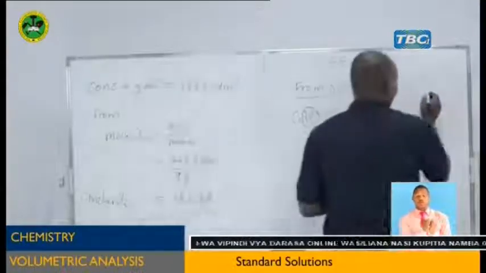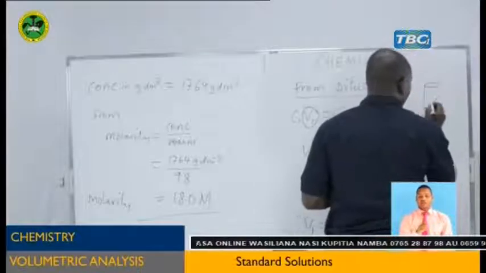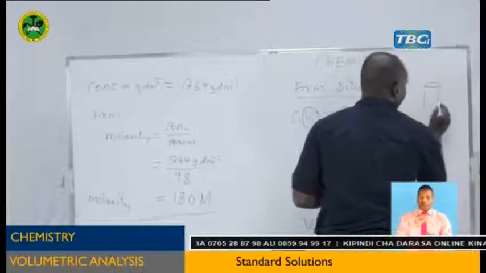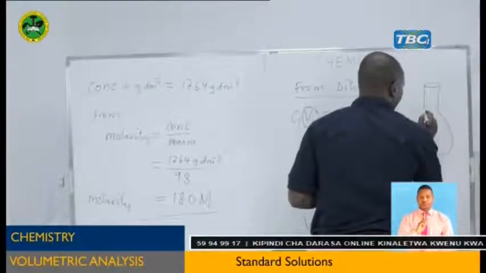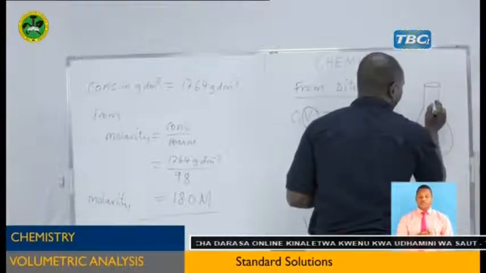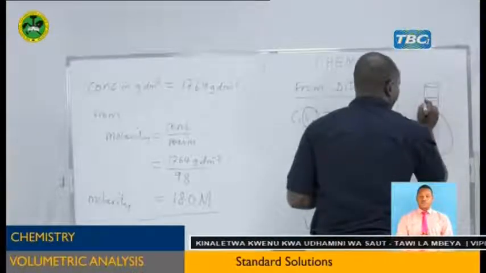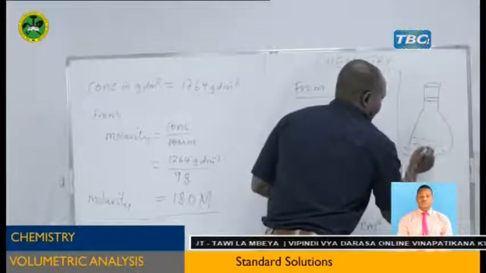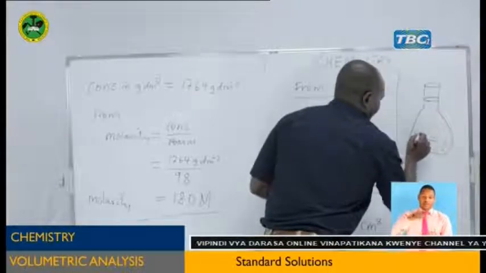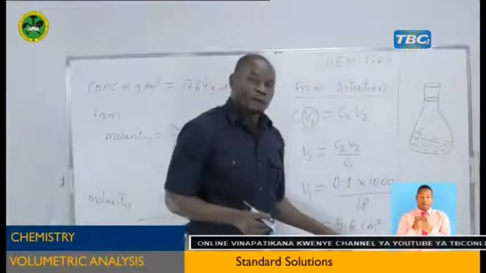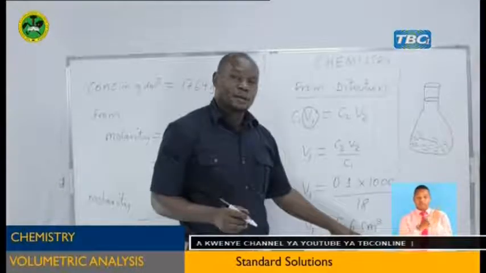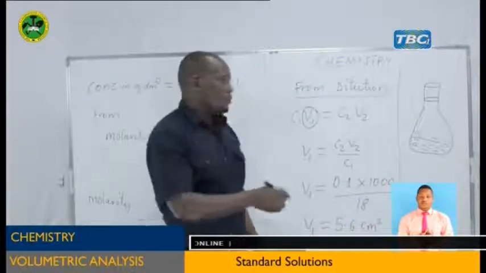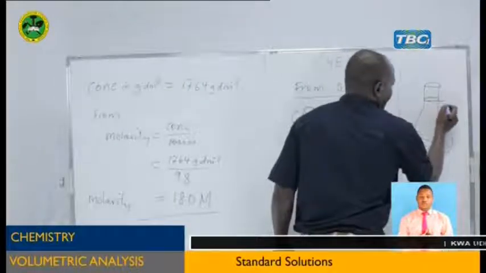So if this is your volumetric flask of 1 liter, you can add some water into it to a certain level, then thereafter you add 5.6 cubic centimeters. After that, you can continue adding water up to the meniscus.